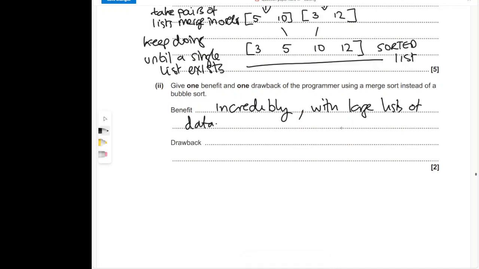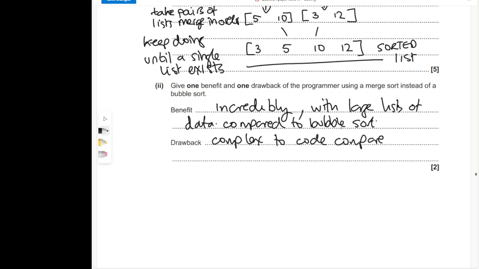A drawback, alright then, it is complex to code. Right, and I must make sure I say compared to bubble sort. Complex to code compared to bubble sort.